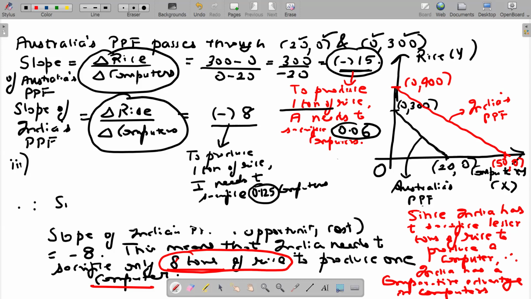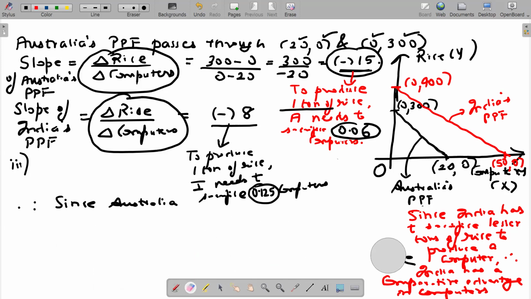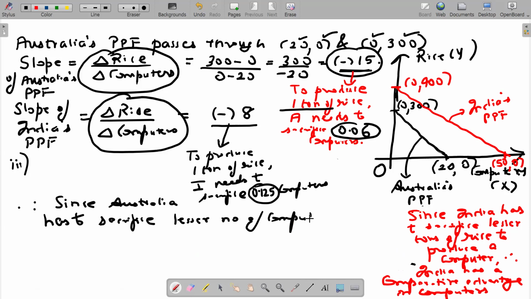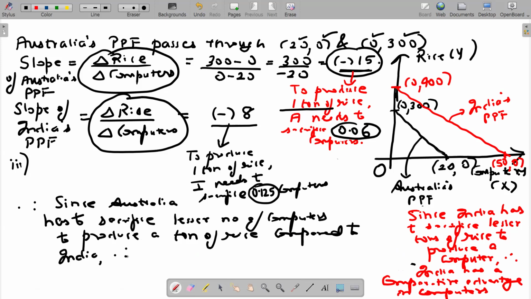Therefore, I can write since Australia has to sacrifice lesser number of computers to produce a ton of rice, compared to India, therefore my answer is Australia has a comparative advantage.